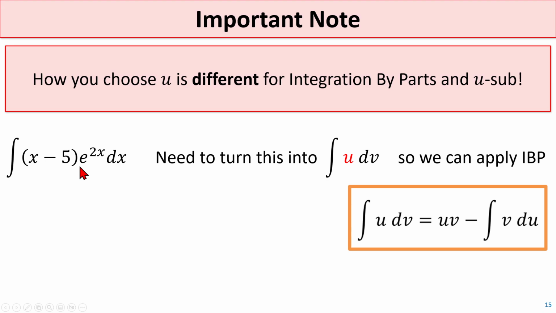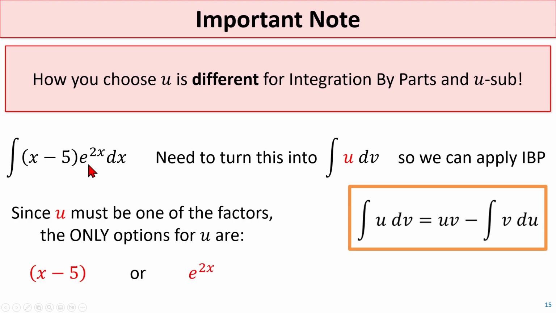So it could either be e to the 2x, or it could be x minus 5, but it can't just be the 2x. If I just let u equal 2x, then instead of having a u in this formula, I would have an e to the u, which isn't what appears here. So these are actually the only two options for u when we're using integration by parts for this problem.